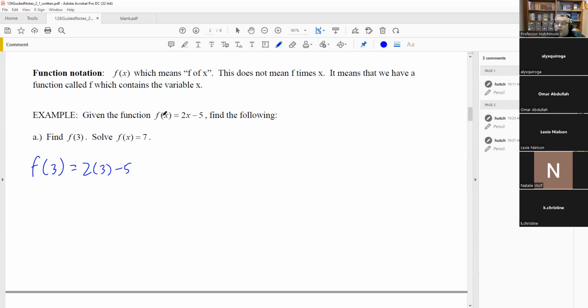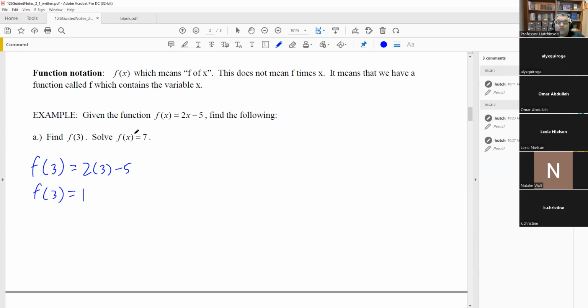So whatever is in here is what goes inside here. There's a 3 inside the parentheses there, and I'm putting a 3 in for the x here. So f of 3 equals 2 times 3 minus 5, or f of 3 is equal to 6 minus 5. And that's it. That's the answer for the first part. So f of 3, again, you just put the number in for x.